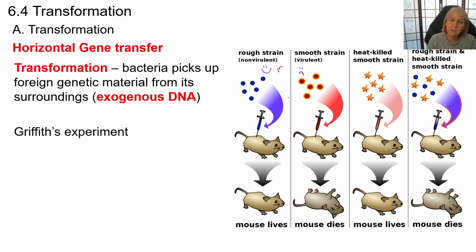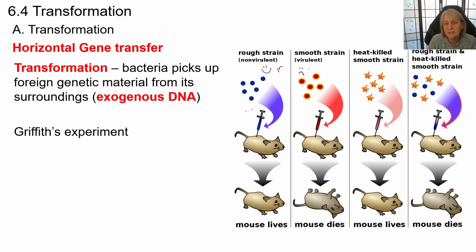The difference between them is that the non-killing one is rough, which from a biologist's view in 2026 or in the future means that it does not have a protein coat protecting it on the outside. The smooth strain kills mice. It actually has a coat on the outside that inhibits the ability of the mouse's immune system to attack it. Griffith didn't know that, but we know that, so it makes more sense.